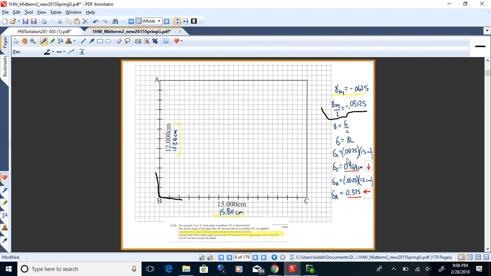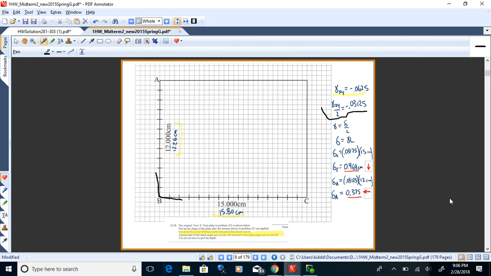So for this line, I got 0.03125 times the original 15 centimeters. So that line moves 0.469 centimeters. It moves in such a way that this angle ABC gets bigger. So that means C rotates down. A will be 0.03125 times 12 centimeters, 0.375 centimeters to the left. That's what makes the angle get bigger, if A moves to the left.